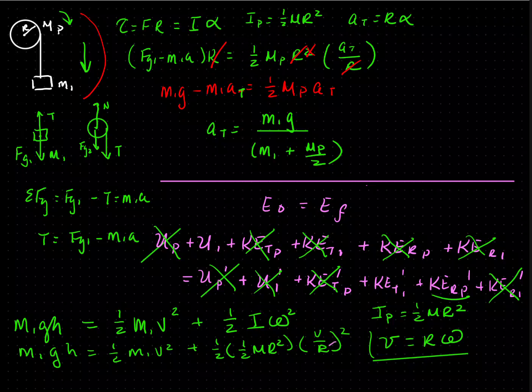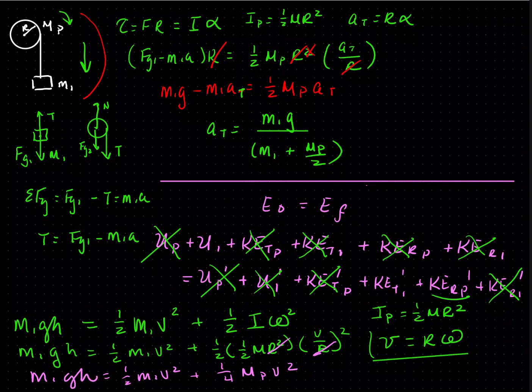There's an r squared down here, and this is an r squared, so they cancel out. So this becomes 1/2 M1 v squared plus 1/4 M of the pulley v squared. This is equal to M1 g h.